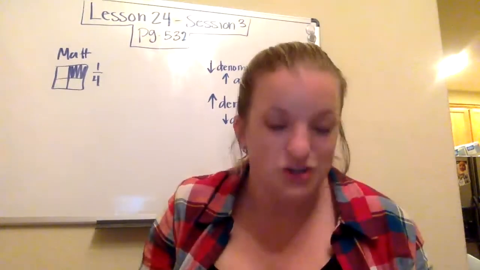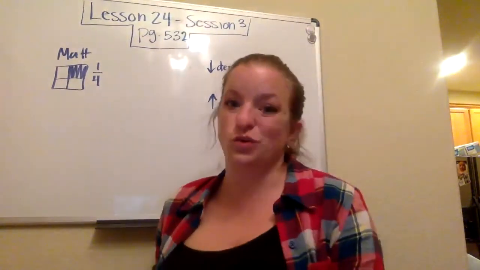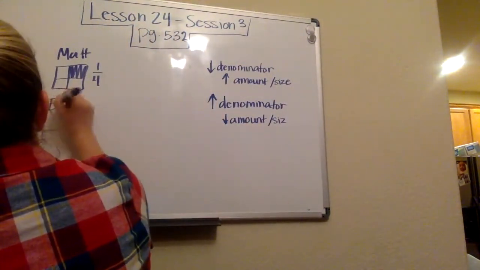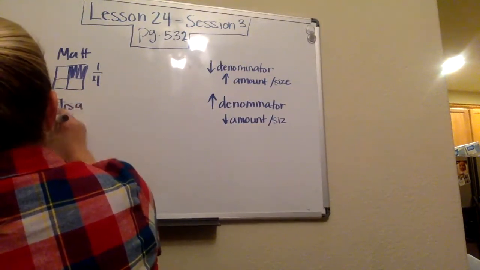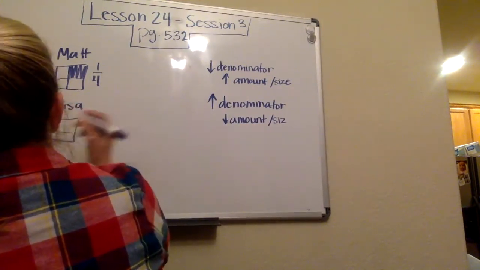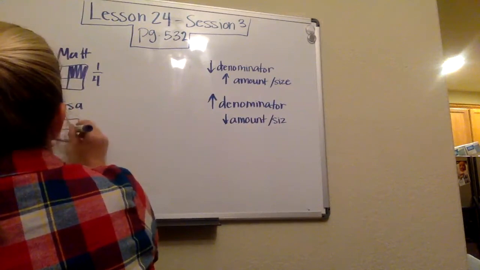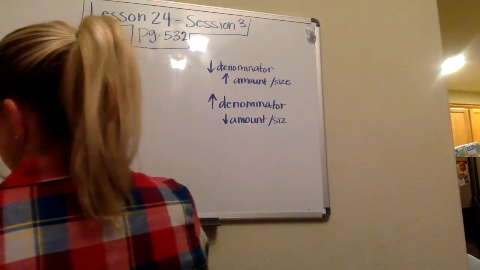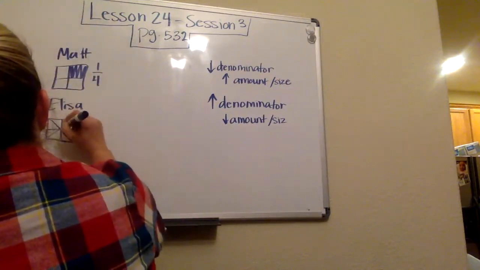Ah, okay. So with that, you have to look and see who has the same numerator. You have to kind of match them up. So let me just finish these. It's hard to do. Elise has 3/8 left.